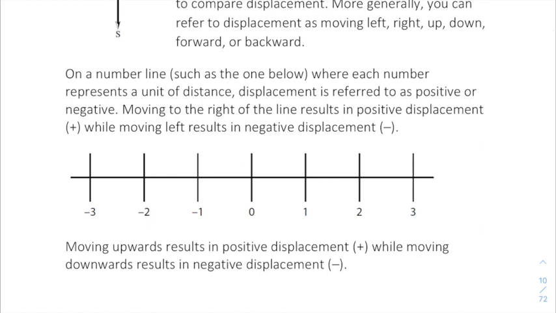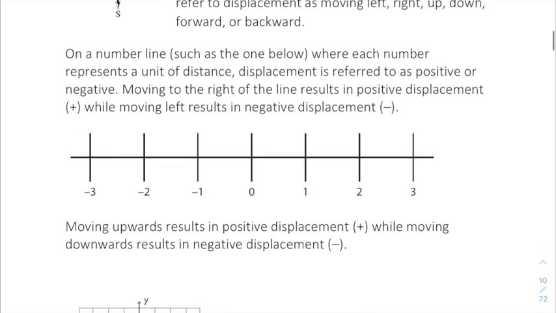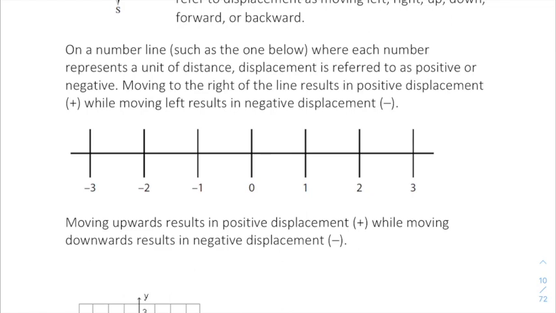On a number line, such as the one below, where each number represents a unit of distance, the displacement is referred to as a positive or a negative. Moving to the right on a line is a positive displacement, so we could have a positive displacement here. I don't know if you can see that because it's green on black, but whatever.